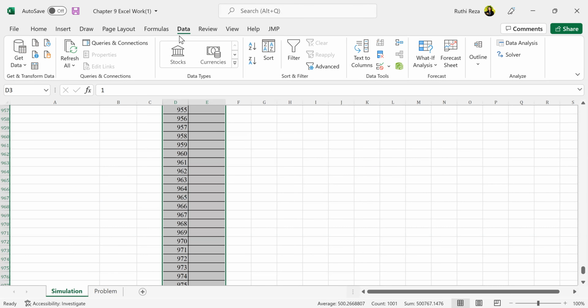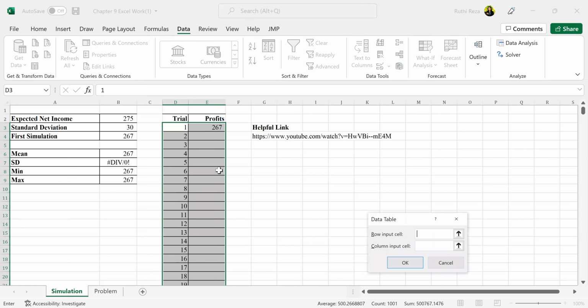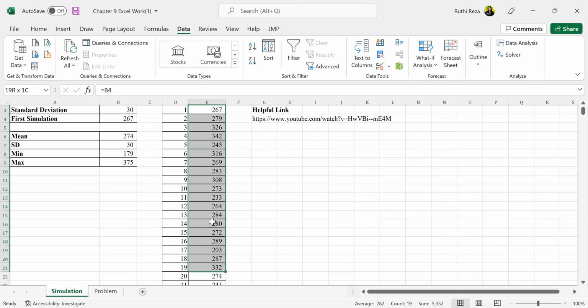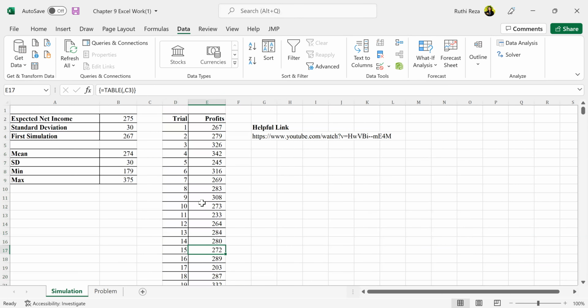Then from data, go to what if analysis, data table. You don't have any row here. You just have column, right? So on the column cell, just select any blank cell you have. So here I choose this one. Then hit OK. Now you can see these are the simulated net income you have.